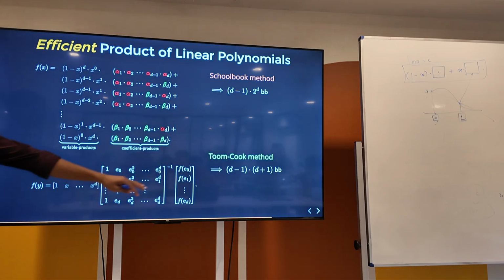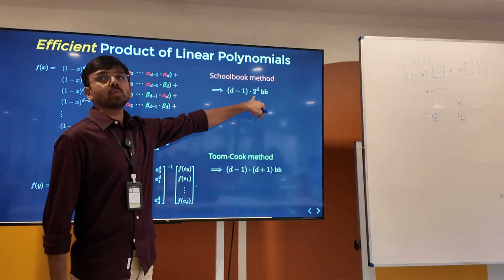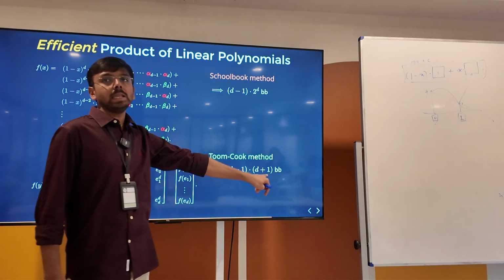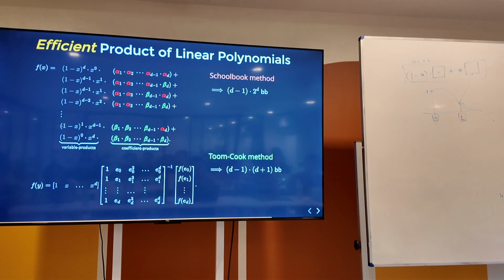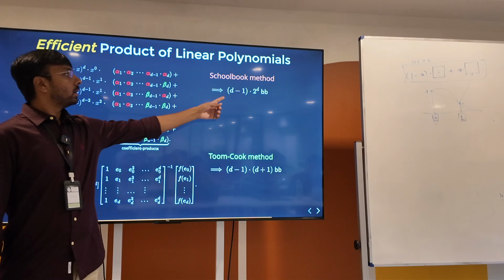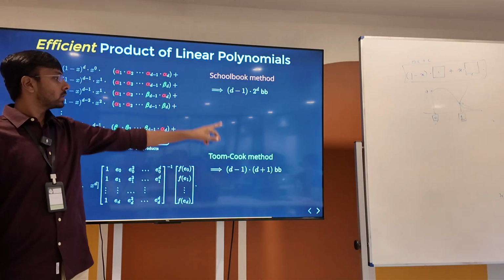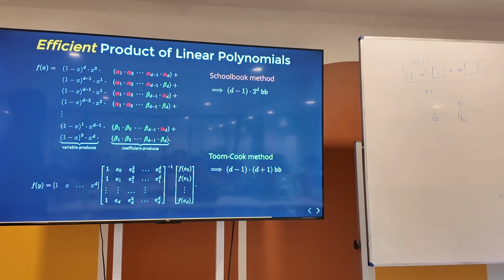Now you see the dependence of this is exponential in d, while the dependence of this is linear in terms of d. And that's what becomes the significant factor. If you do the naive way, you'll have a lot more base field multiplications. If you do the Toom-Cook way, you'll have a lot fewer base field multiplications.